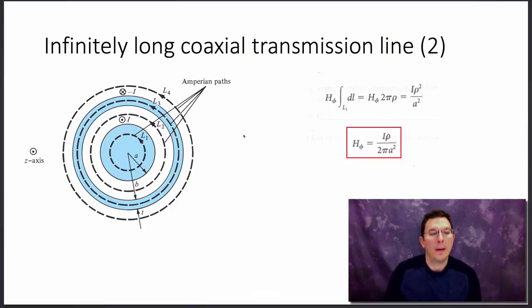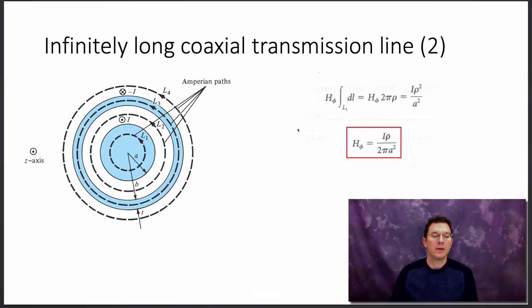So the magnetic field, the takeaway here is if you have a coaxial cable that's carrying current I like this, the magnetic field increases linearly from the center of the conductor. So when rho is equal to 0 here, there's no magnetic field, in other words, at the very, very center. And then the magnetic field will increase linearly like that until we reach rho equals a.